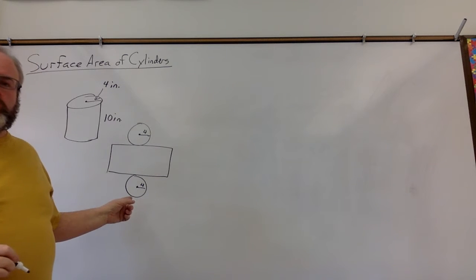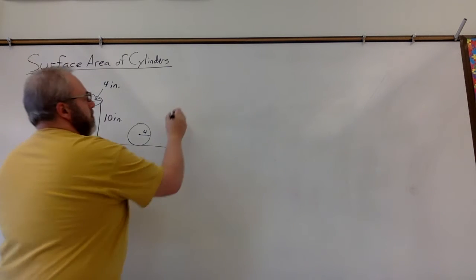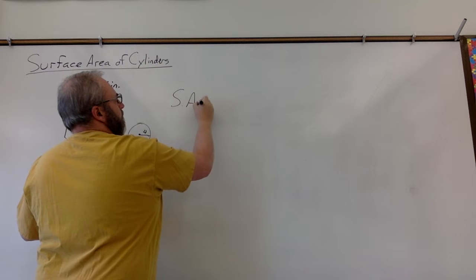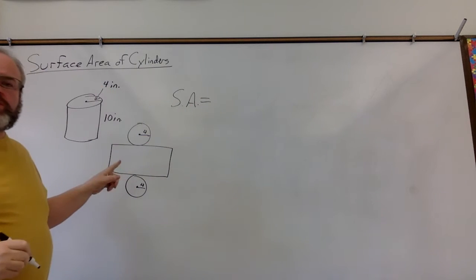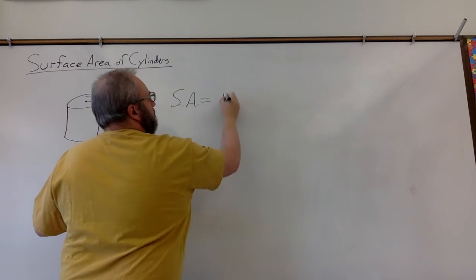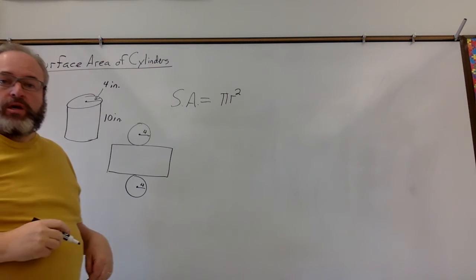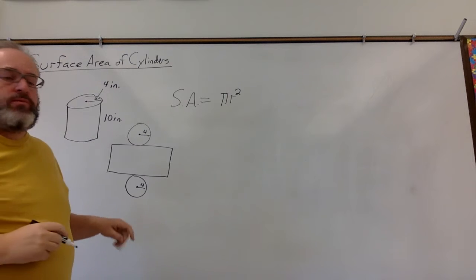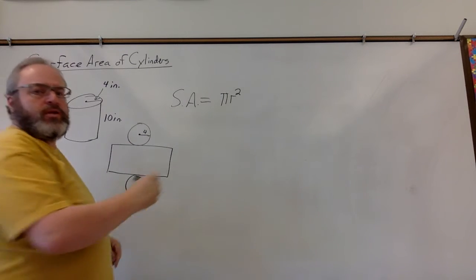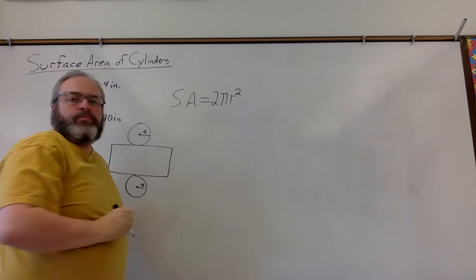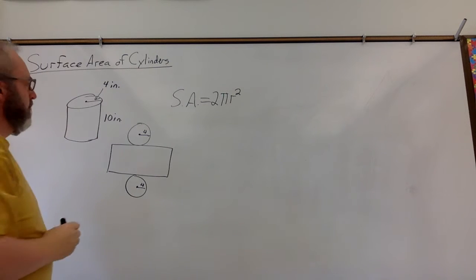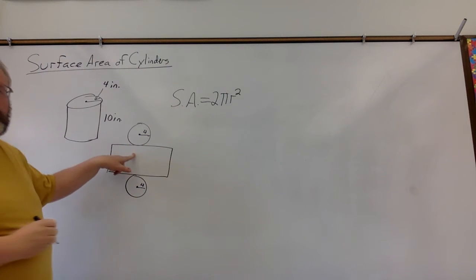So if we want to find the surface area, one circle is pi r squared. Okay, we've done area of circles before, but there's two of them. So let's just double that.